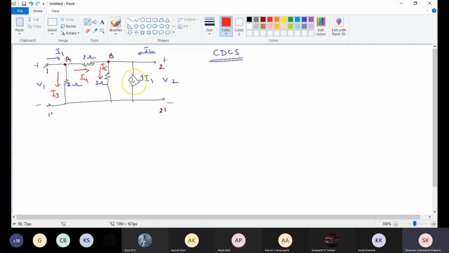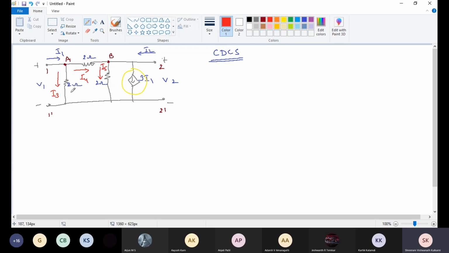First step, mark all the port names 1, 1 dash, 2, 2 dash. 1, 1 dash is the input port, 2, 2 dash is the output port, and A, B are the nodes. Next step, mark all the branch currents I3, I4, I5.